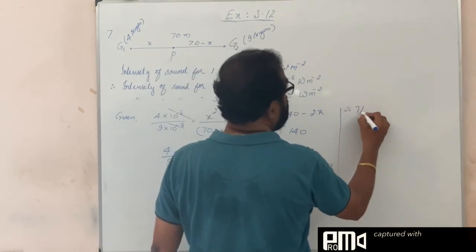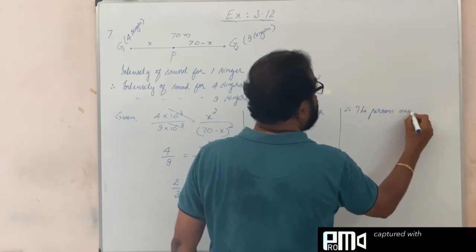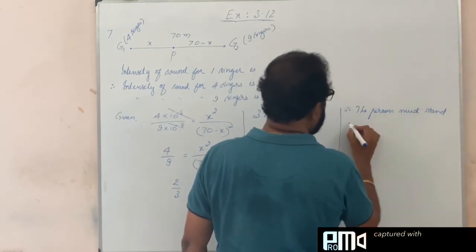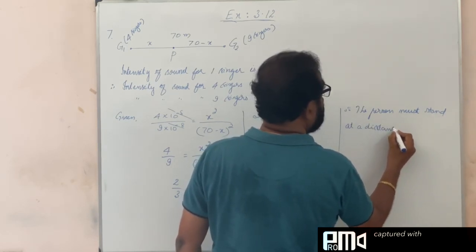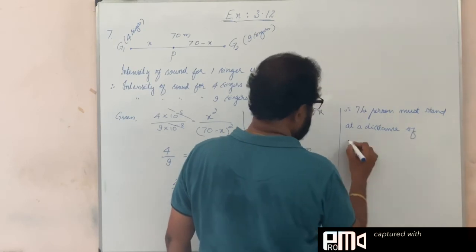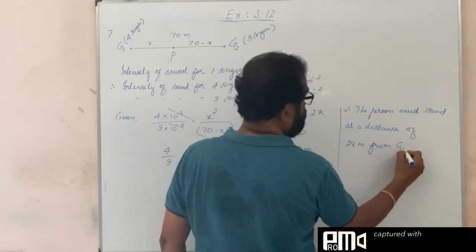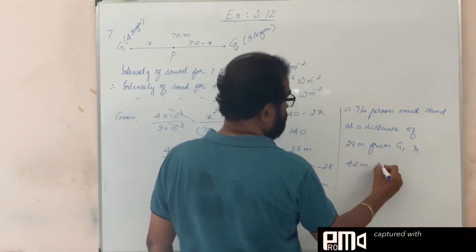Therefore, the person must stand at a distance of 28 meters from G1 and 42 meters from G2.